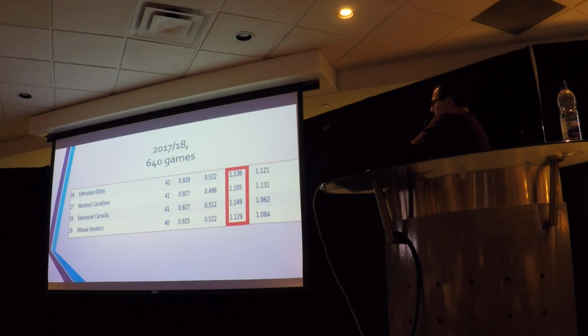So for about mid-season, we can see in the bottom of the standings, this column is actually the Buchholz coefficient. And we see that although Montreal Canadiens and Vancouver Canucks have the same number of points per game, which is the second column, the Vancouver Canucks had a significantly stronger position, about half a hundredth of a coefficient point, which translates to roughly 2 points per game for each opponent they played.